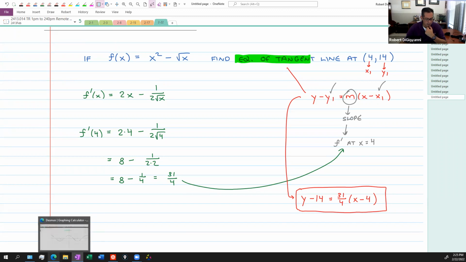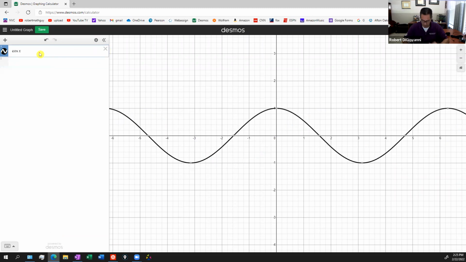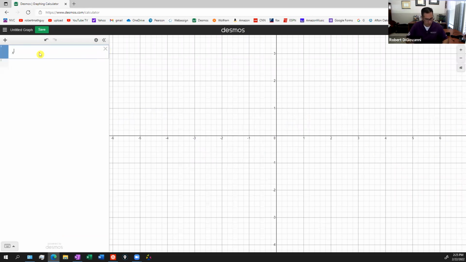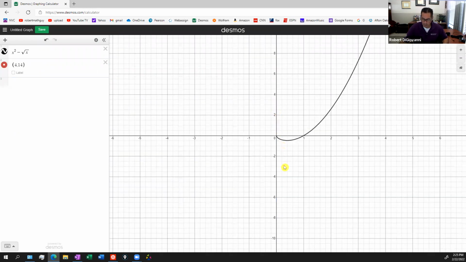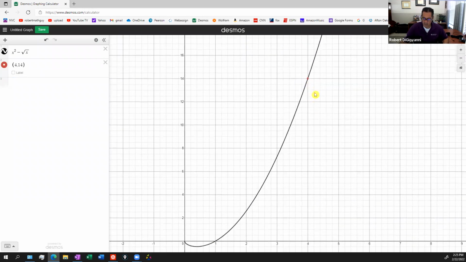All right, let's just go verify it. Let's go look at that function. It was x squared minus the square root of x, and we were looking at the point (4, 14), which should be right there. Okay, there's that point.